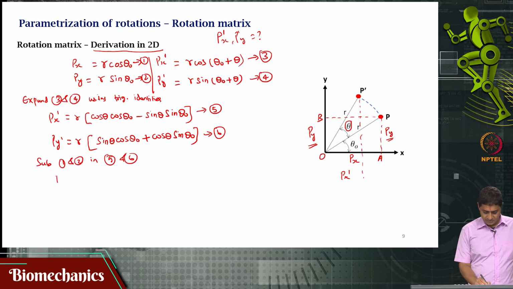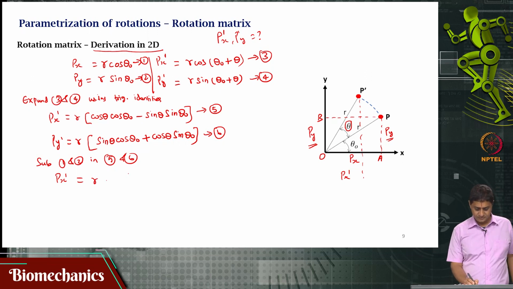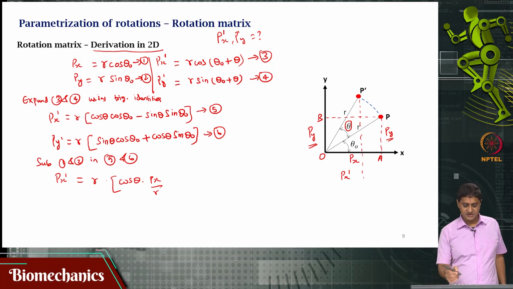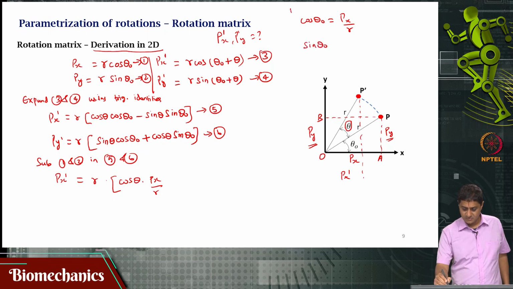So that would give me Px dash as r times cos theta by Px by r, because I am going to replace that by this logic: cos theta naught is Px by r, and from 1 and 2, this is what I learned, sin theta naught is Py by r.